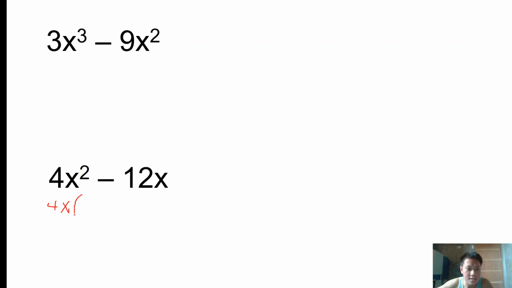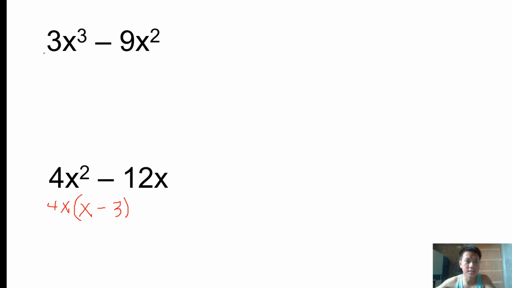And then, since nalabasan natin si 4x, i-divide lang natin si 4x doon sa each polynomial. So, 4x squared divided by 4x is simply x. Negative 12x divided by 4x is negative 3. Okay, so the factor of 4x squared minus 12x is 4x times x minus 3.